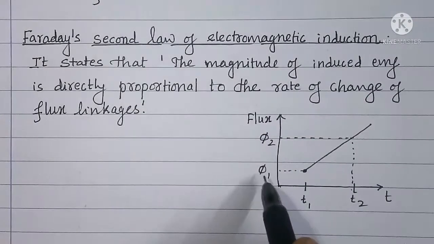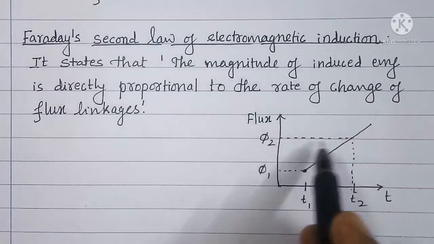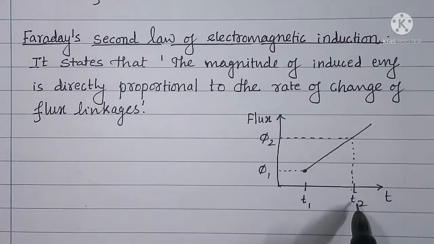So what is phi1 here? Phi1 is flux linking with the conductor at time t1. Phi2 is the flux linking with the conductor at time t2.